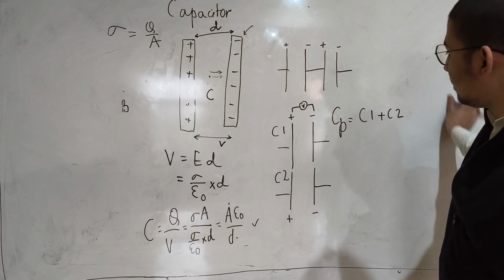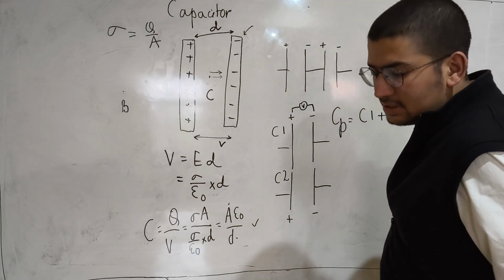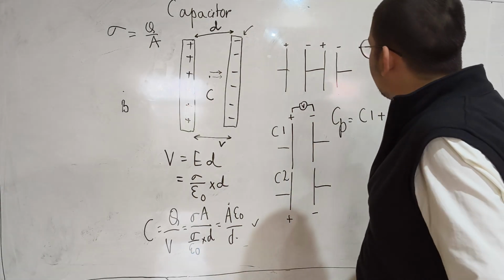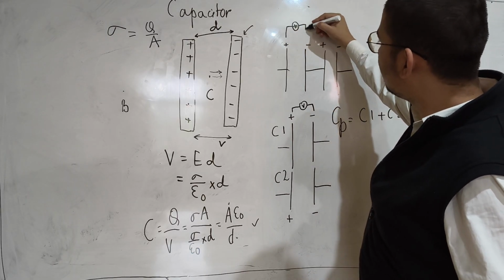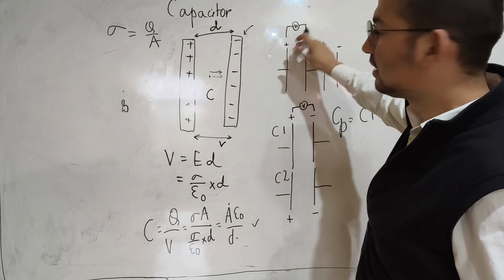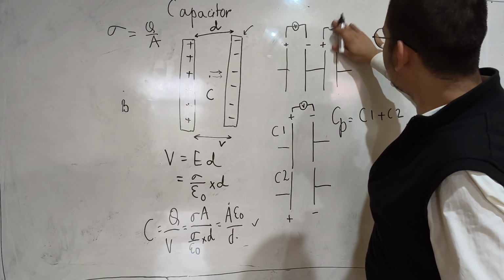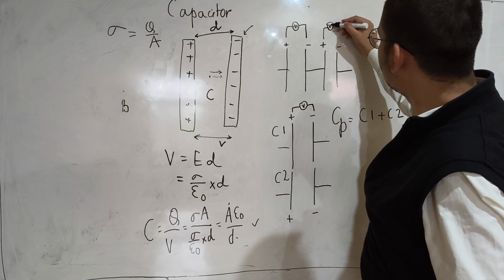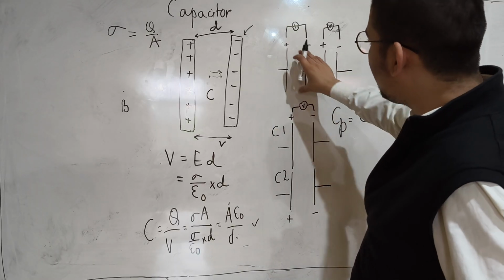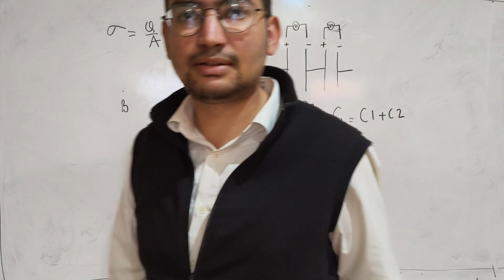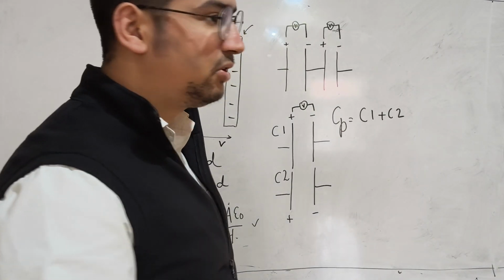But what about series connection? When capacitors are in series, the potential difference across the first capacitor and across the second capacitor are not equal. Since they are connected in series, one of the capacitors may take up a larger potential than the other.